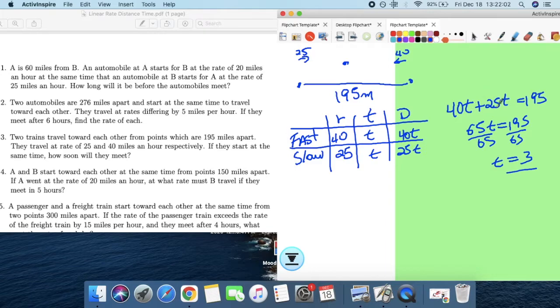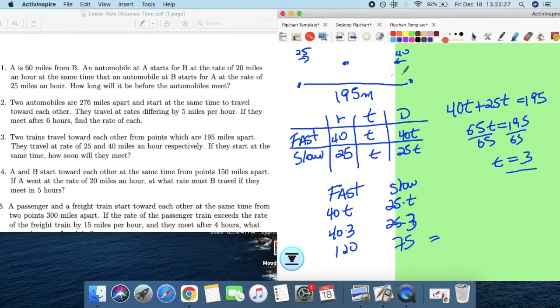If you wanted to confirm, just to make sure, let's take a look at the fast train. The distance is 40 times t. If I substitute, I get 40 times 3, and that means that train traveled 120 miles. The slow train is 25 times t, and with t equals 3, 25 times 3 is 75.